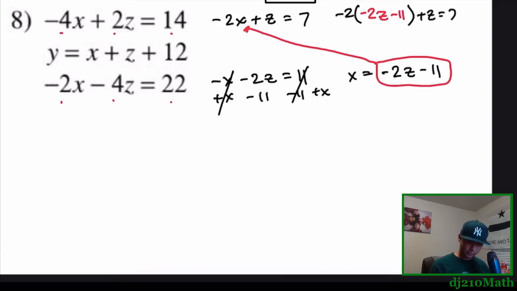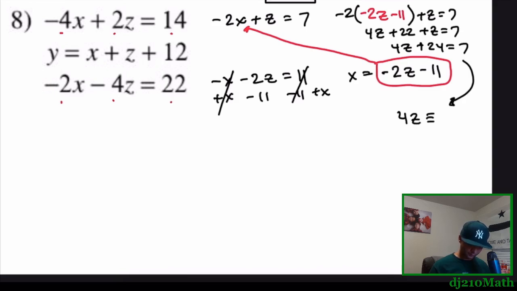Distributing, we get positive 4z, positive 22 plus z is equal to 7. Combining on the right, we get 4z is equal to 24. 4z plus 24 is equal to 7. Moving down, 4z is equal to 7 minus 24. What's 7 take away 24?